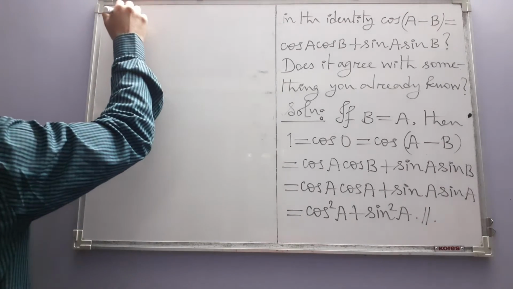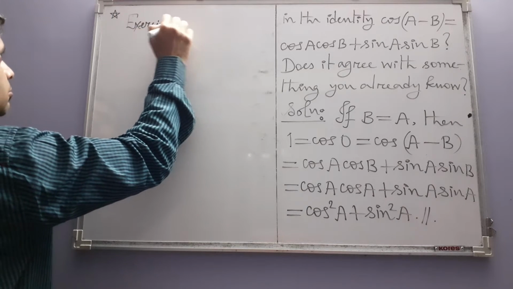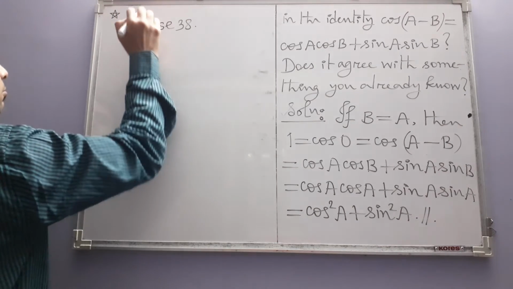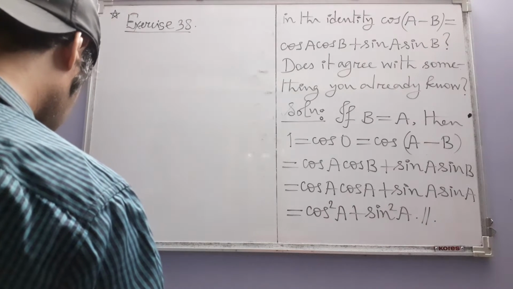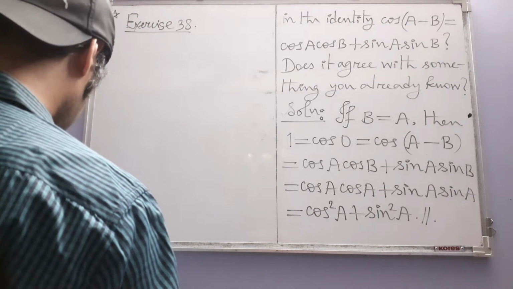Another one such. What happens if you take b equal to 2 pi?